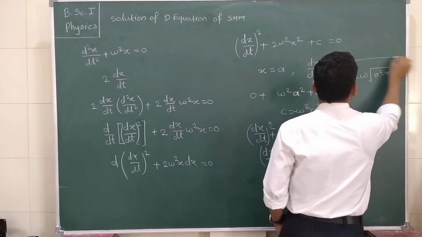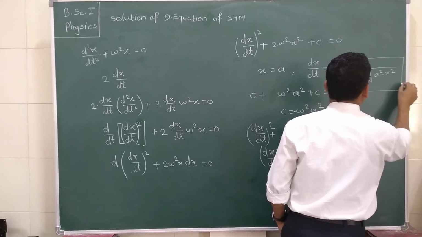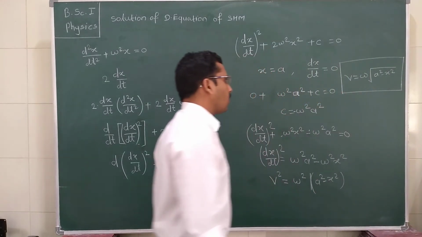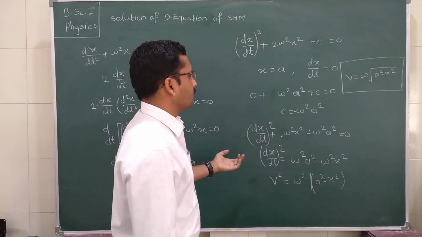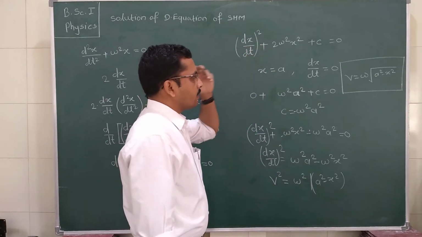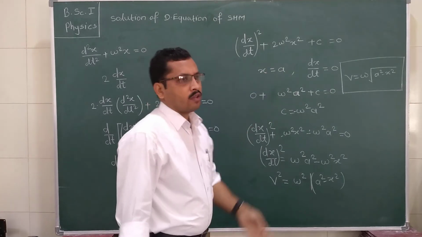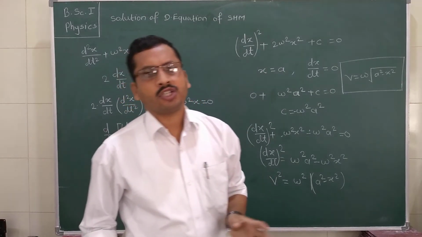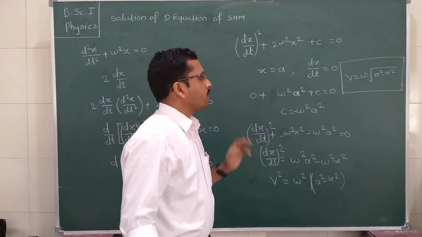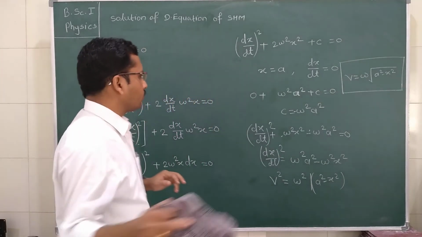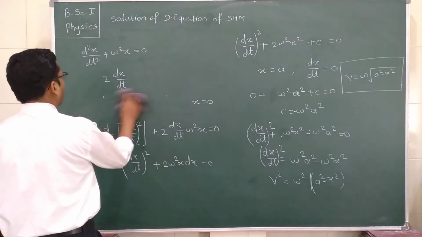So this is the velocity of a particle performing simple harmonic motion. By deriving the relation for velocity, we can also derive the relation for the displacement of a particle performing simple harmonic motion. So what is the displacement of a particle?